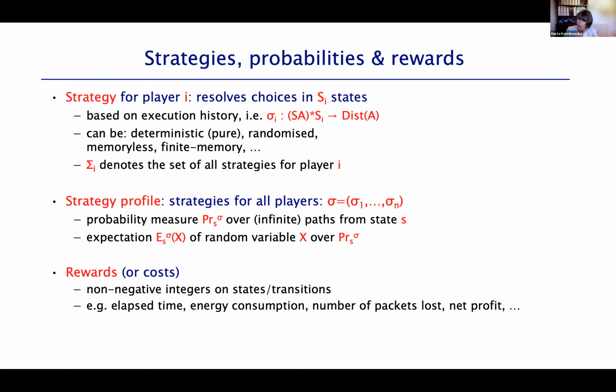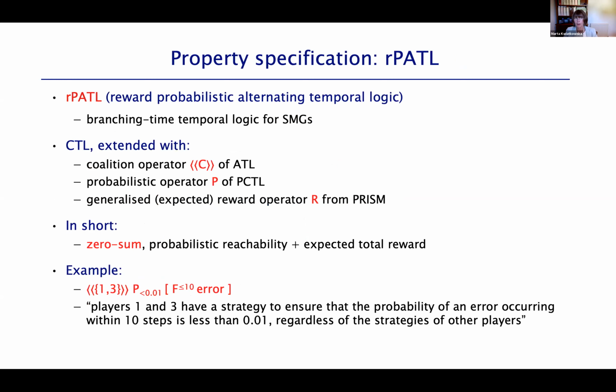So in fact, in addition to just having labeling with atomic propositions and probabilities, I can also label the game with rewards, for example, elapsed time, energy consumption, net profit, etc. So what I then need, I have a model, a turn-based stochastic game, but I also need a logic. Now for that logic, I look to CTL.